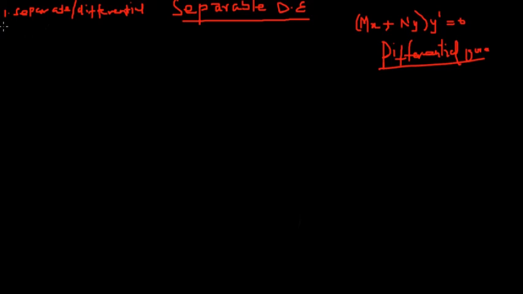The second step is you integrate. After separating the expression, you integrate the expression which has been written in the separable form, or differential form. The third one is you insert your initial value problem. So you implement your initial value problem.